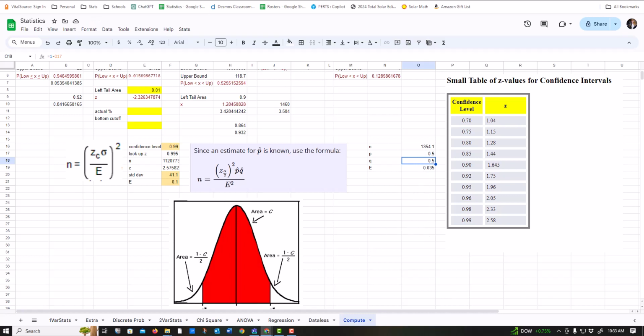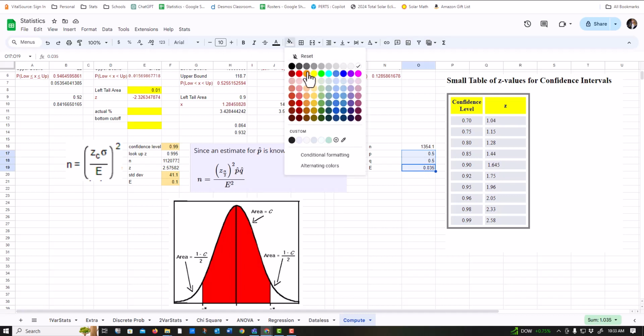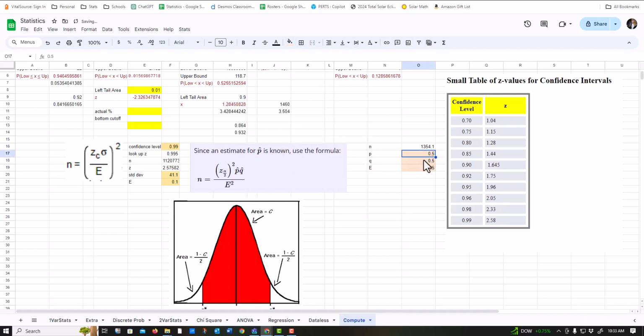But I think it's worthwhile setting this up, because these formulas are horrible, especially getting the Z value. Now that I have this set up, all I have to do is change these values here. I tend to color code things and say, okay, these are the only ones that I will touch. This one I won't touch, but I need to go back and change my Z.